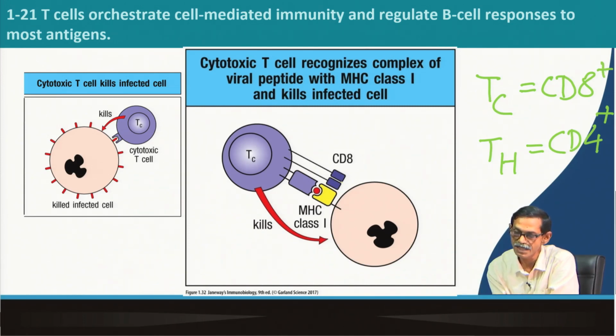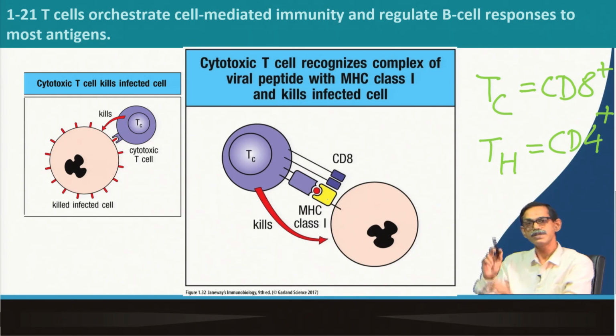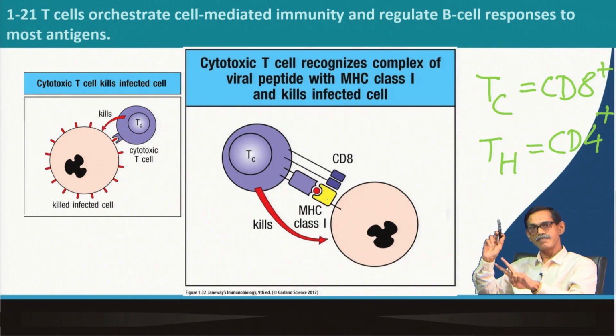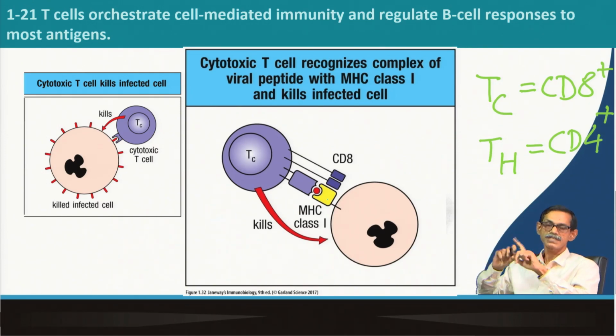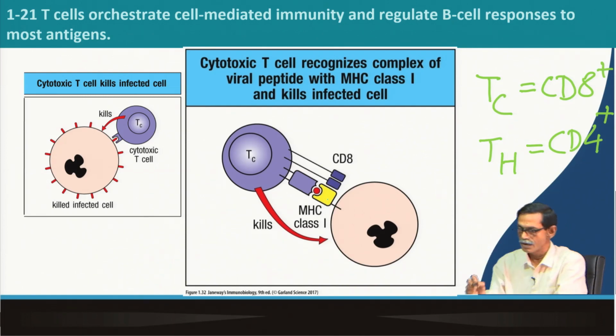Cytotoxic T cell CD8 also recognizes this MHC1. So, two things we have to remember. One, cytotoxic T cell expresses a co-receptor along with the TCR, a co-receptor called CD8. This is number 1. Number 2, cytotoxic T cell recognizes MHC1, okay?